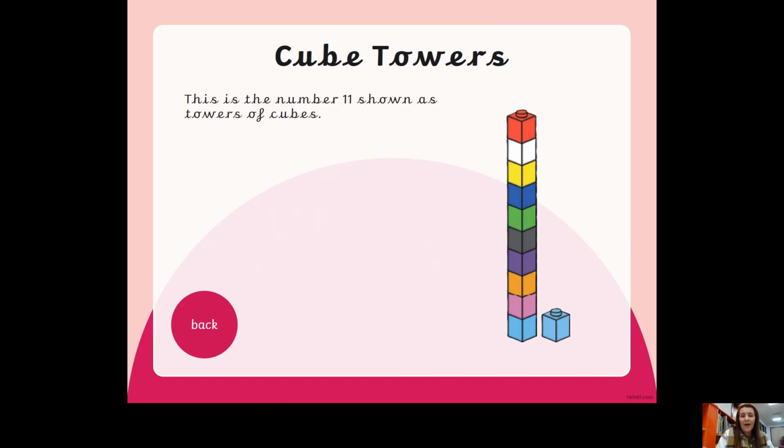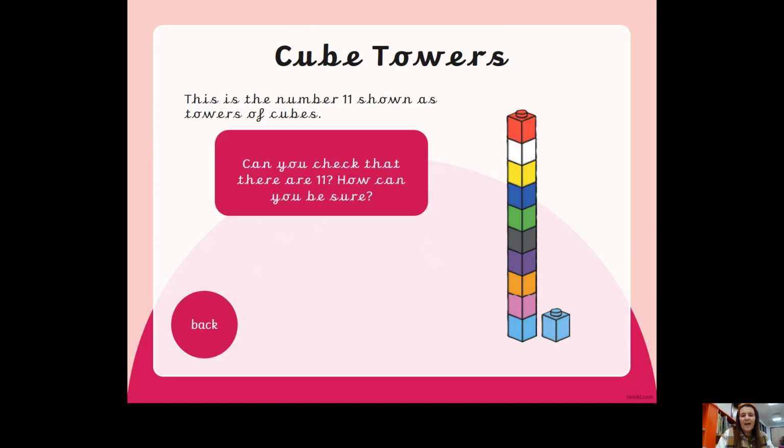I've got some cube towers now, and this is the number 11 shown as towers of cubes. How did Miss Jevons know that this cube of towers is representing number 11? Can you check there are 11? How can you be sure there are 11?